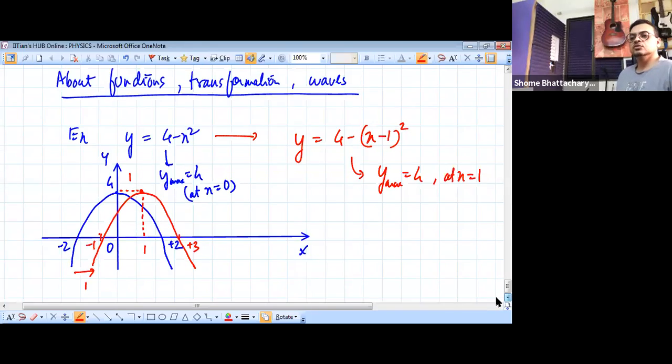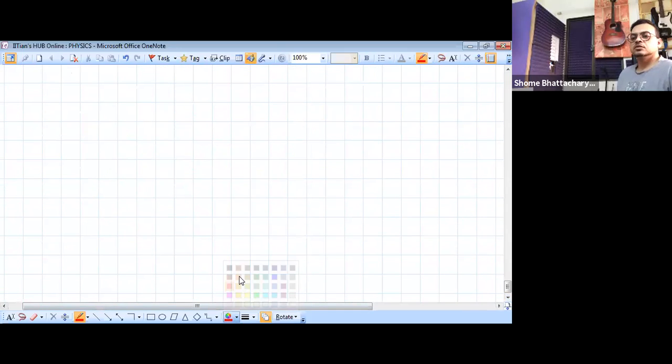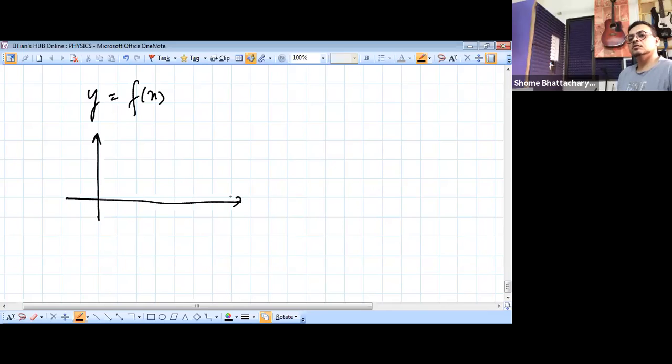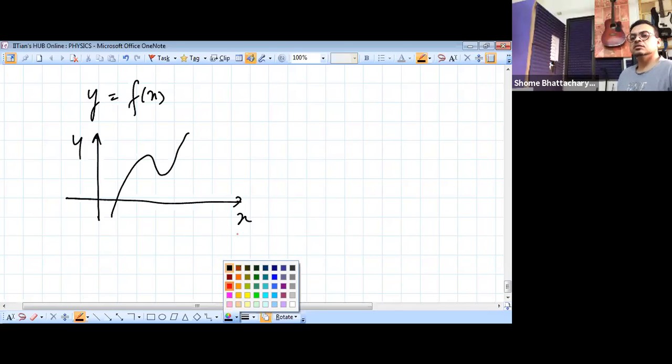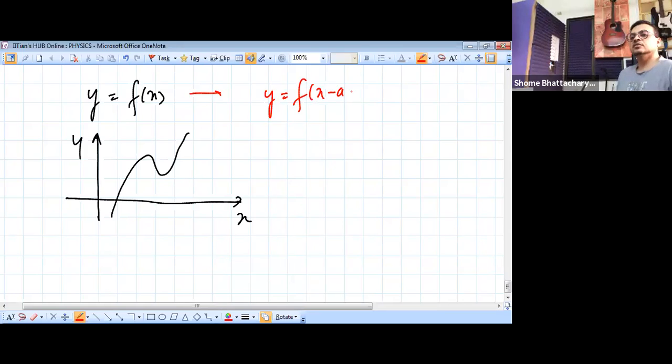So this is not just about this function, this is a general rule. If we have any function y is equal to f(x) and its graph looks anything like this, let's say, then if we transform it to y is equal to f(x minus a), then the whole function shifts by a units along the positive x direction.